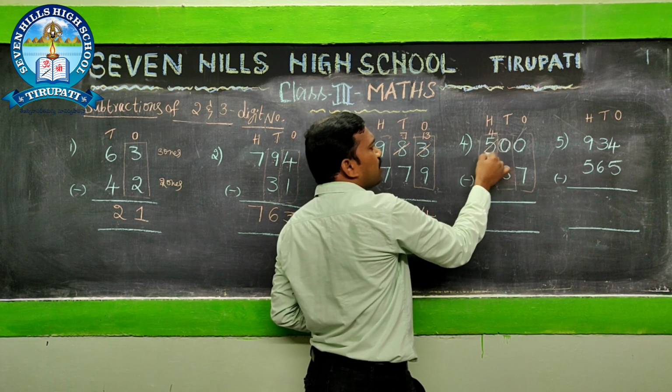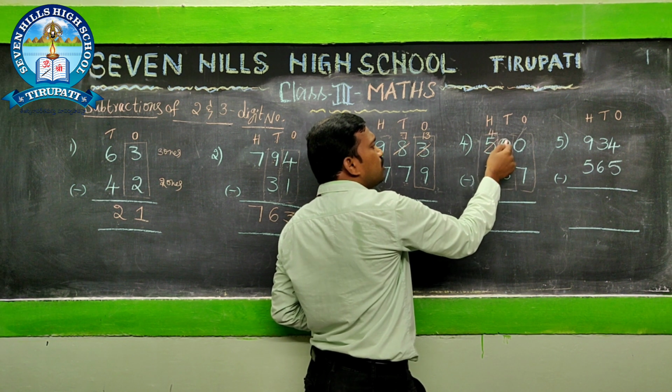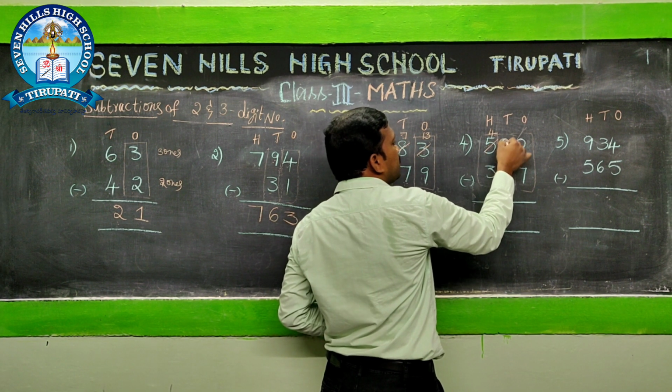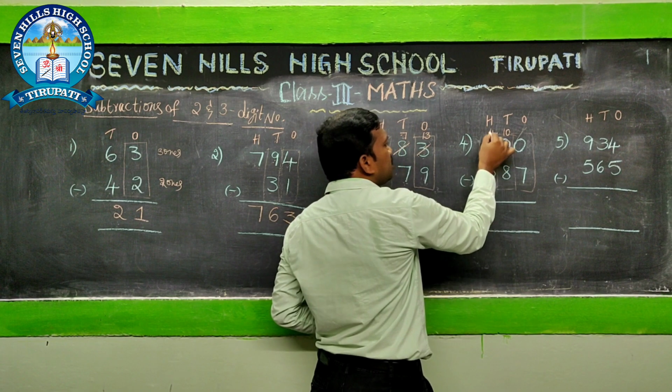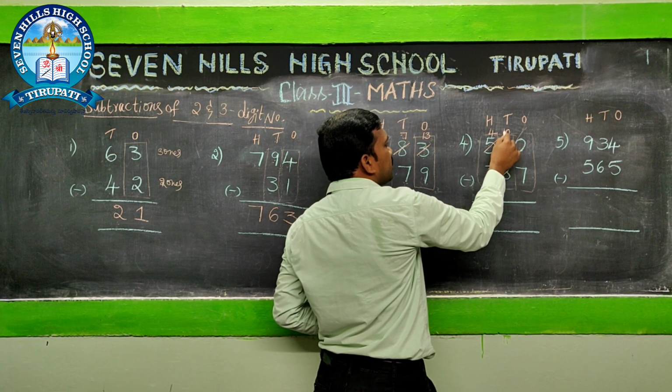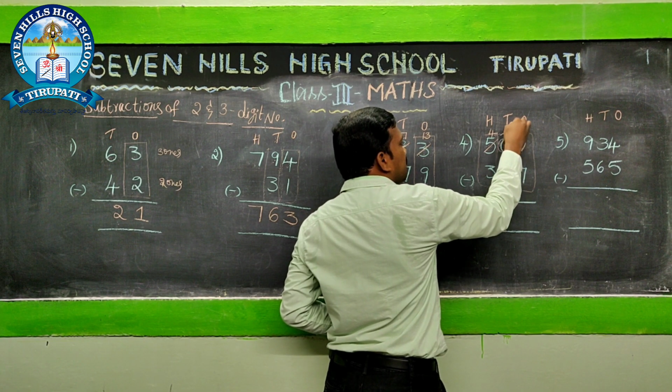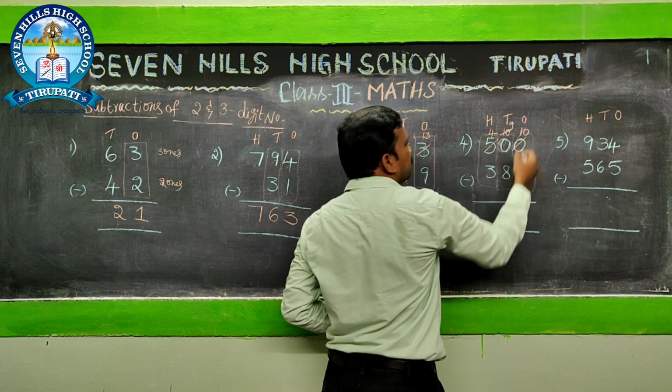Now here 500 is there, giving 1 to the tens column, then it is 10. Now 5 becomes 4 and the tens becomes 10.